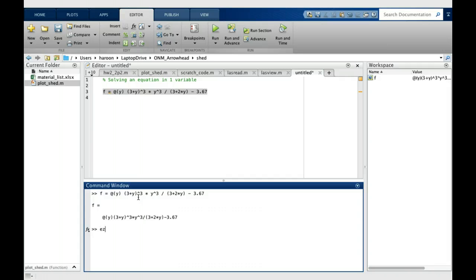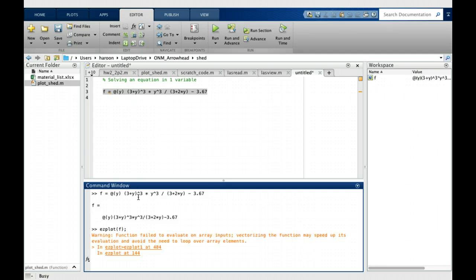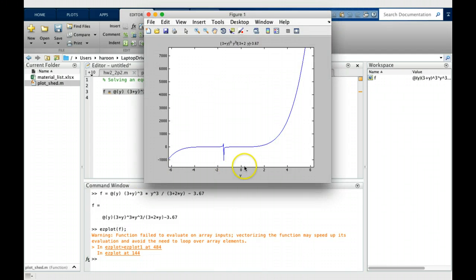Now we can quickly do an easy plot and see what this function's plot looks like, and we can see that it has a 0 value. It crosses here at 0, and there is a discontinuity between minus 1 and minus 2.